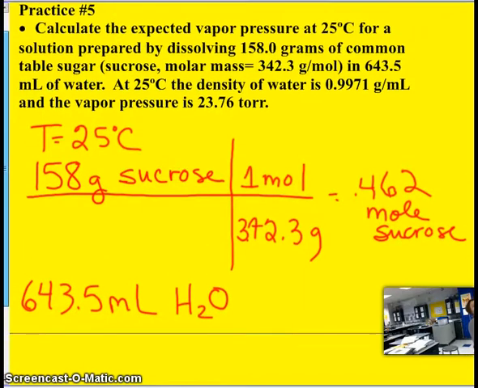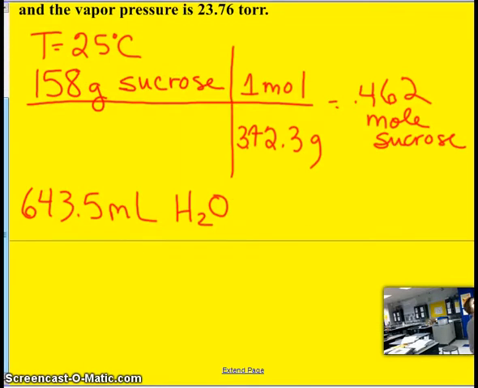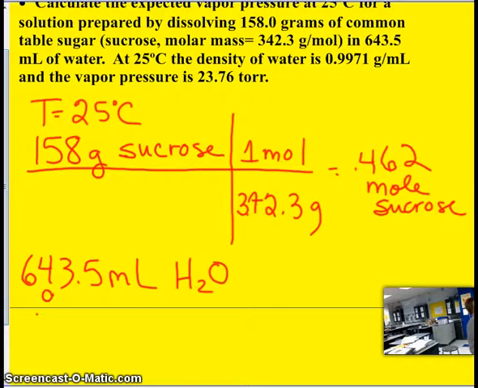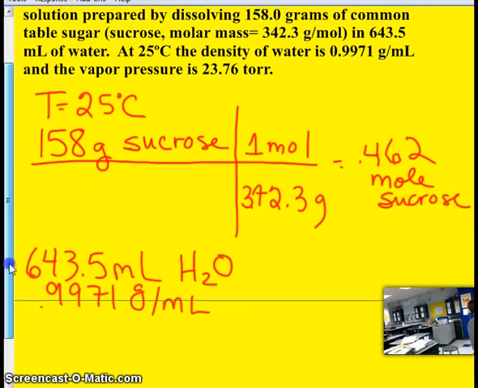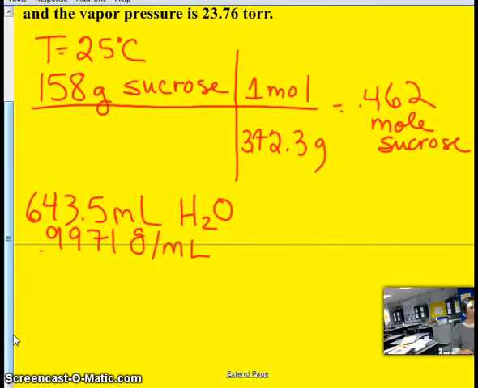And we have the density of water. If you have the volume of water and you have the density of water, you can find the grams of water, because density equals mass over volume. So mass equals density times volume.